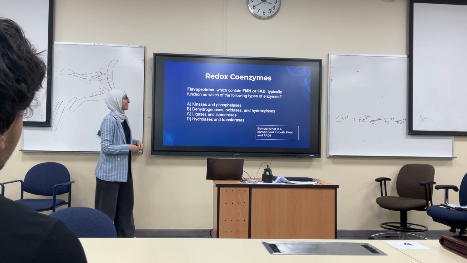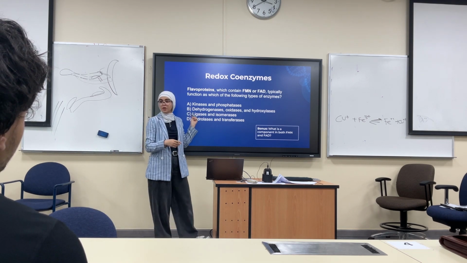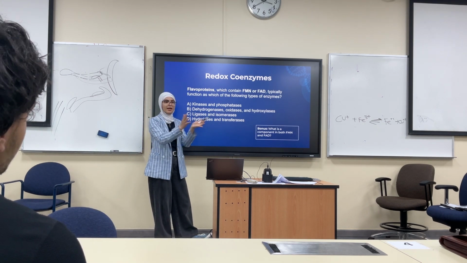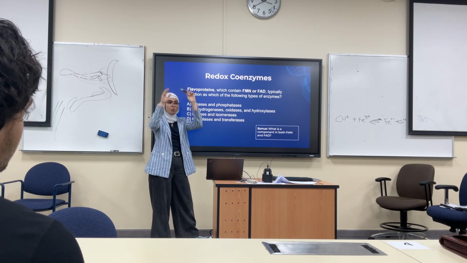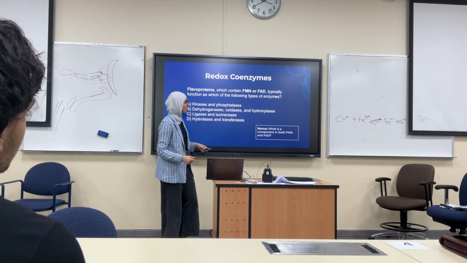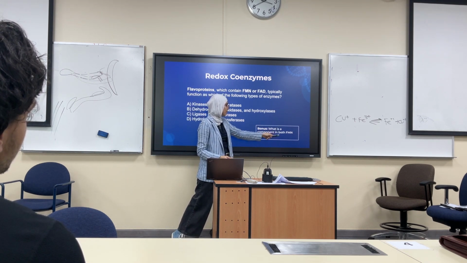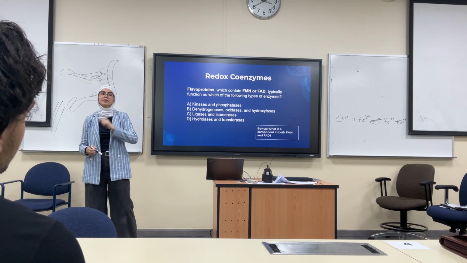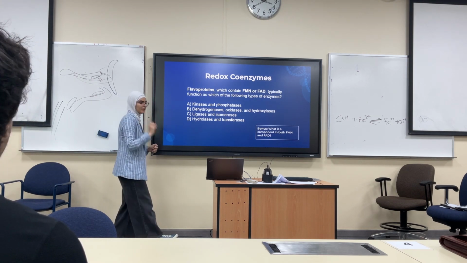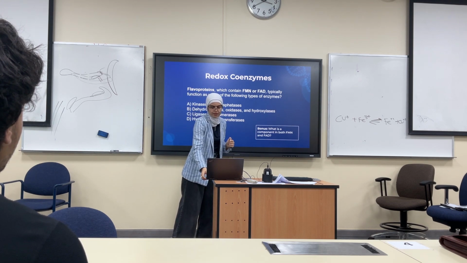B is the correct answer. Well done. Do we know why it's B? Yes. It's classified as these over here, and you guys have the table that includes the coenzymes, and we're going to go over that. What is the component in both FMN and FAD? Flavin, adenine. Riboflavin. Yes. Riboflavin is the vitamin that is included in there.